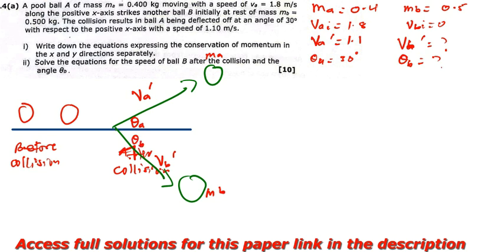So let's start with the x-axis. In the x-axis, the first thing that happened was the object was just moving in a straight line before collision. So it will be MA VA initial plus MB VB initial being equal to MA VA prime.